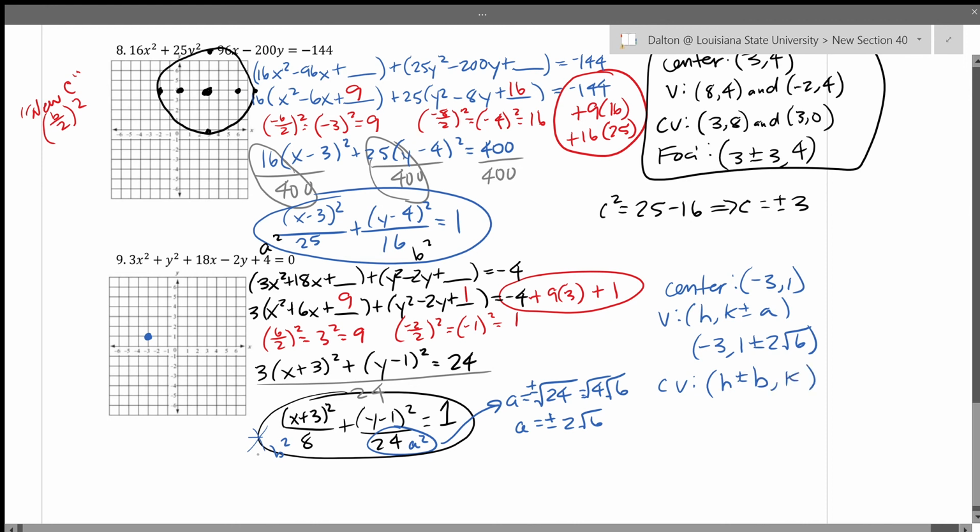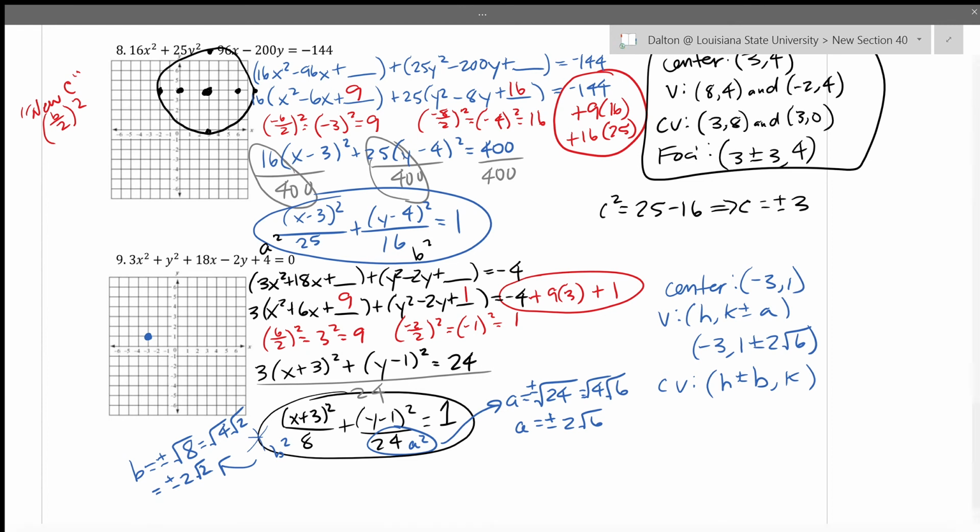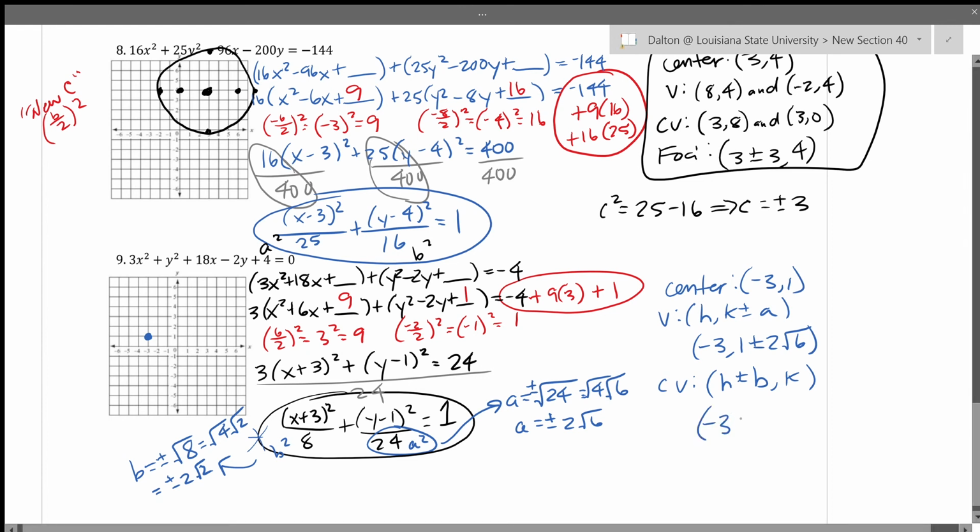Well, if b squared is 8, then that means b is going to be plus or minus the square root of 8, which could be rewritten as the square root of 4 times the square root of 2, which is plus or minus 2 square roots of 2. So that means the co-vertices can be written as -3 plus or minus 2 square roots of 2, because that's b, and then k is still 1.